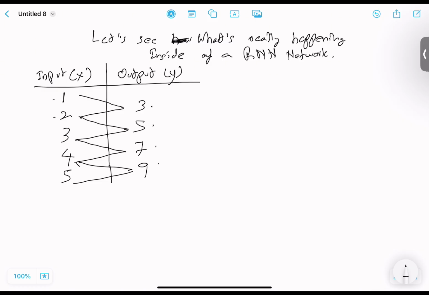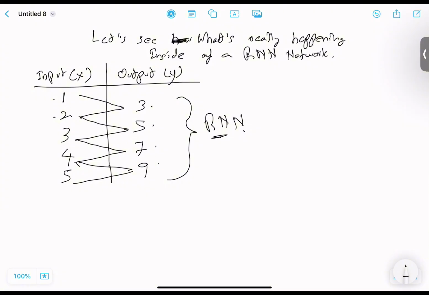So to map and identify such a pattern using a neural network, the best neural network that we should use is an RNN network. Using this kind of neural network, the network will be able to learn this pattern very quickly and efficiently, right?